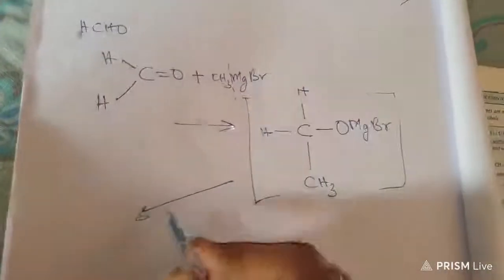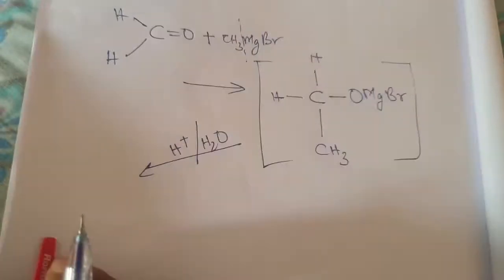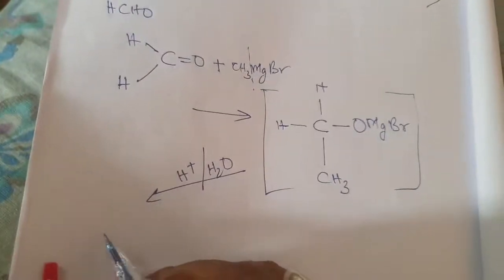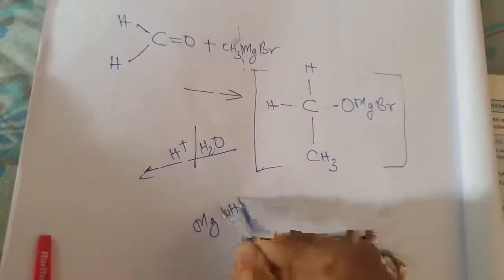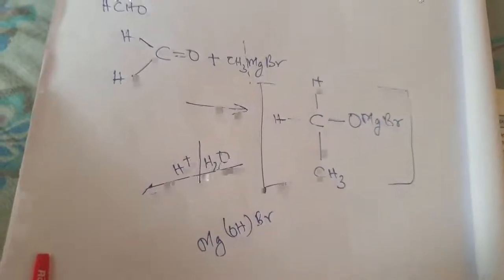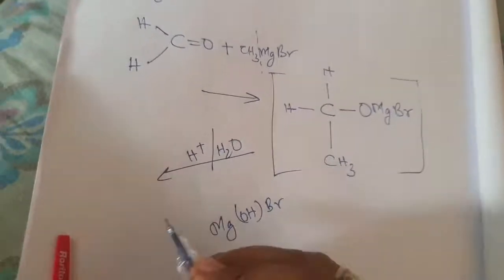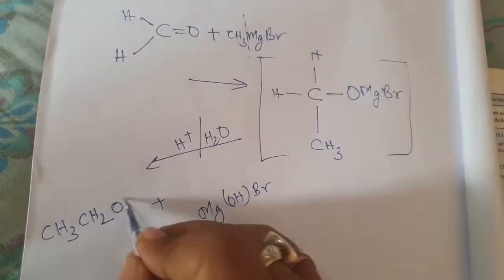Understood? Yes. Now treat it with acid in the presence of water, aqueous. Then first you will get MgOHBr, and the other product you will get is CH3CH2OH.